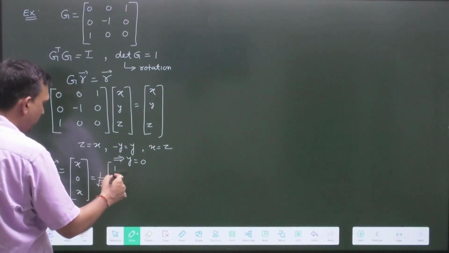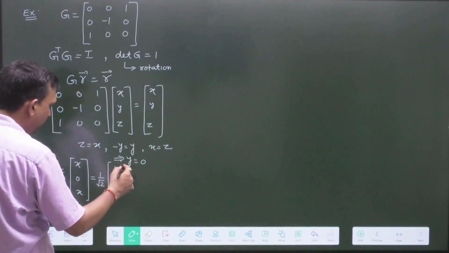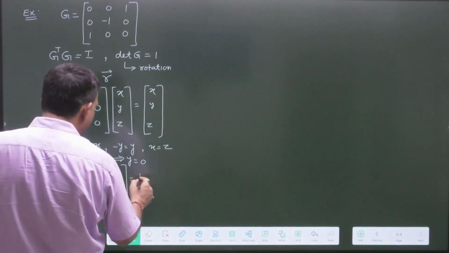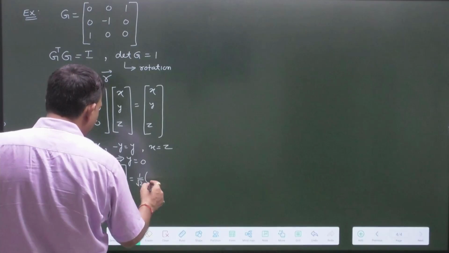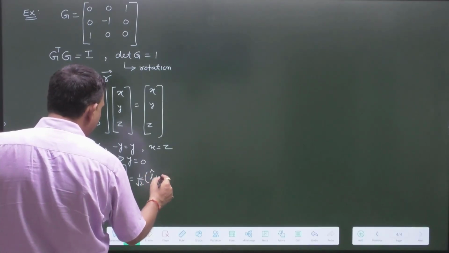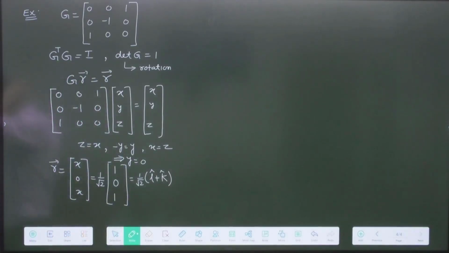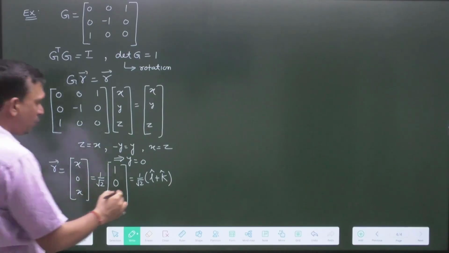So this is 1, 0, 1. This will be the rotation axis, given by the vector 1 by root 2 times I cap plus K cap. I cap plus K cap is the rotation axis.